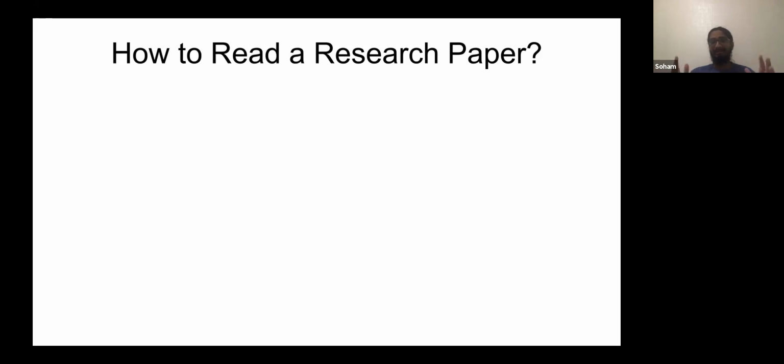Because remember, research papers are not like books where you can read pages of them. A lot of papers are submitted to journals or conferences where there are page limits. So authors have to condense a lot of information in a really small space. And the way they do that is by using really complicated words, and by trying to fit as much information as possible in a really small space.